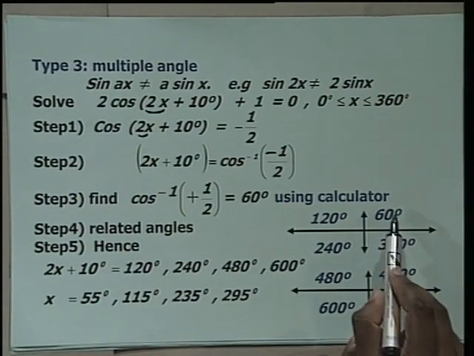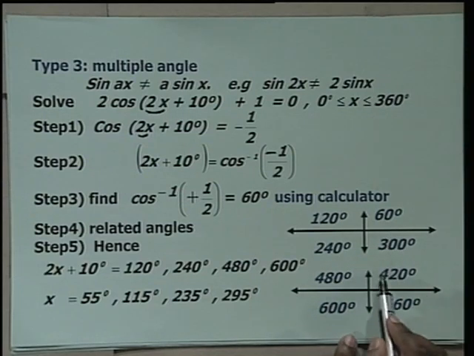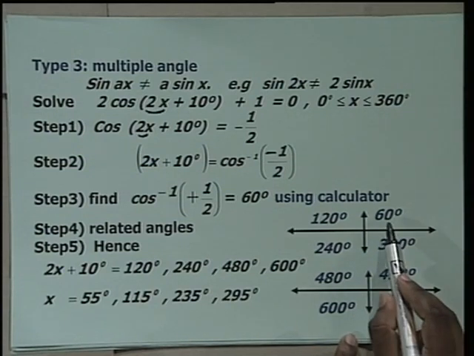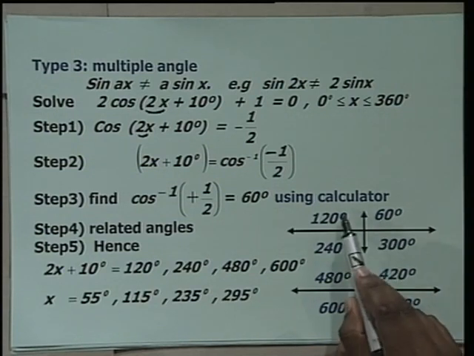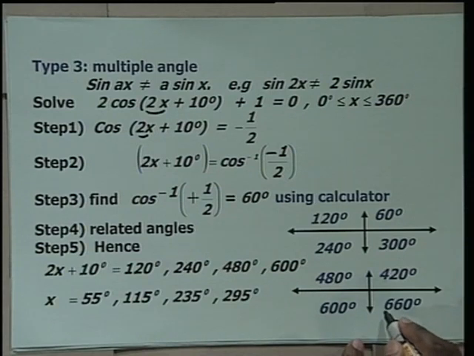Therefore, these are angles related to 60 in the first turn. These are the angles related to 60 in the second turn. And we have obtained them simply by adding 360 to all those obtained in the first turn. If you had 3x, then you should continue and find related angles in the third turn as well. So here we are looking for cos inverse of minus half.